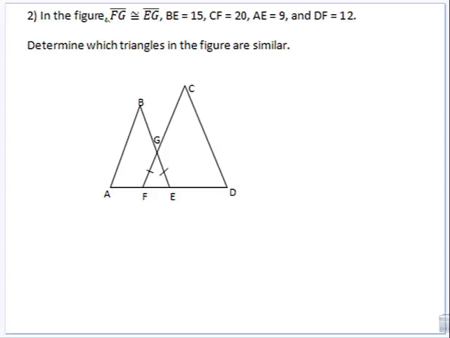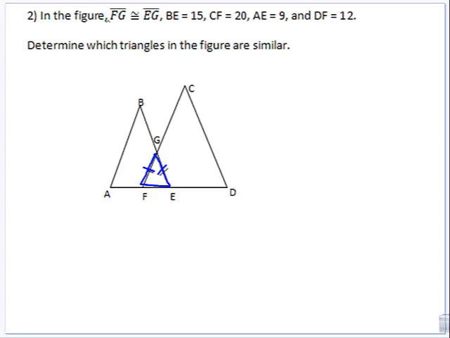We want to determine which triangles are similar. So first off, we always want to look for congruent angles. So if these two sides are congruent, what can you tell me about this little triangle down here? Not an equilateral, it's isosceles.